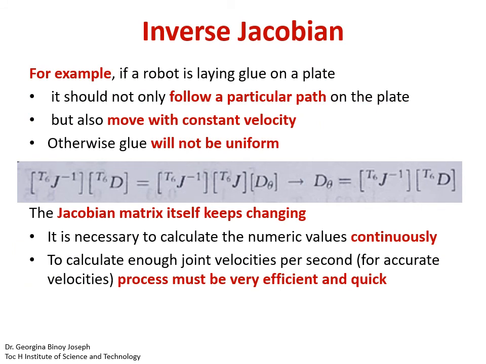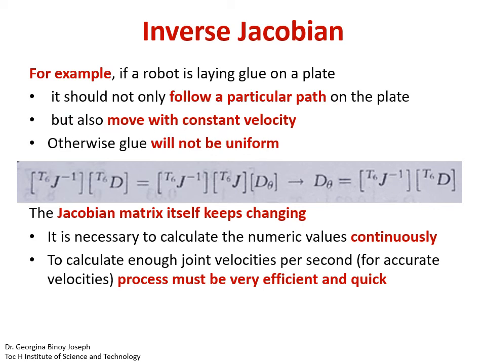Now, the importance of the inverse Jacobian we can illustrate with this example. Consider a robot that is laying glue on a plate. To lay glue on a plate, it should follow a particular path on the plate. But not only should it follow a particular path, it should also move with a constant velocity.